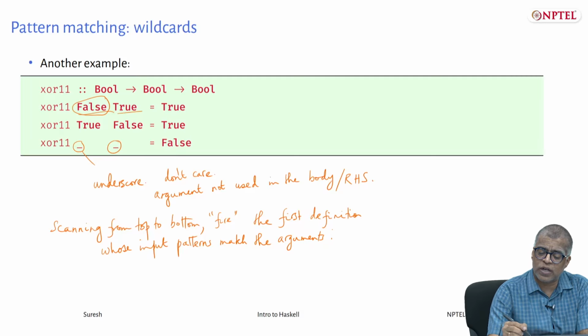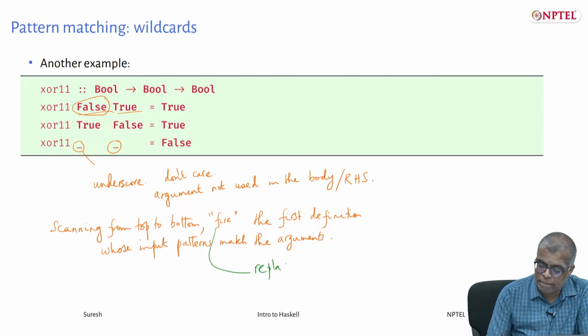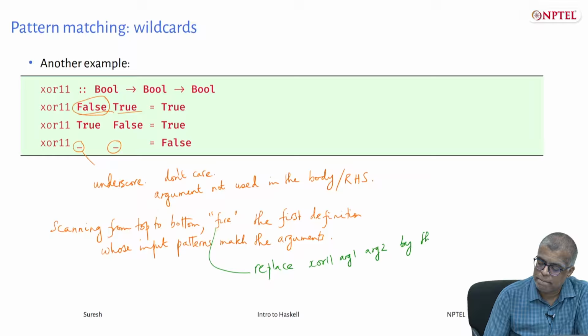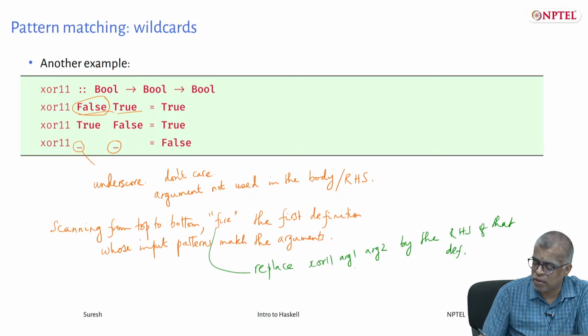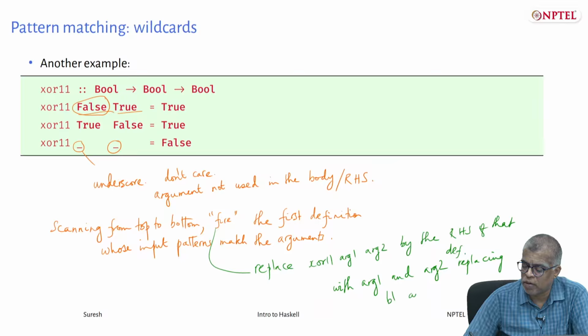Again, what does fire mean? Fire just means that the invocation, or XOR 11 in this case, is replaced by the right hand side of that definition with arg1 and arg2 replacing b1 and b2 if necessary.